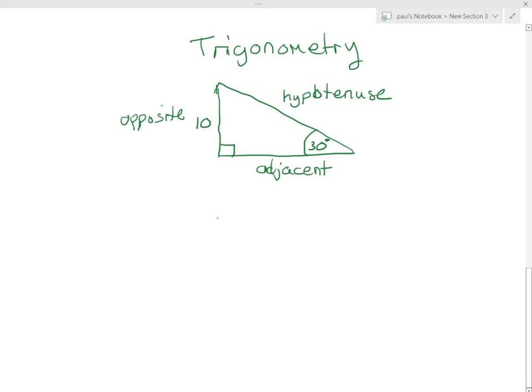If we have a triangle like this, and we've got that as 30, this is still the hypotenuse, but now this one becomes the opposite and this one becomes the adjacent. Depending on the point of view of which angle you're on about, the opposite and the adjacent can swap over, but the hypotenuse remains always the same.